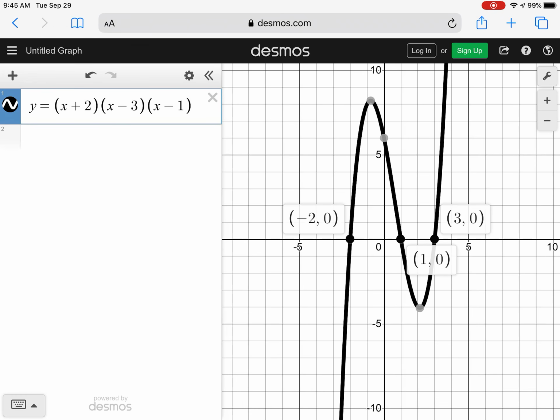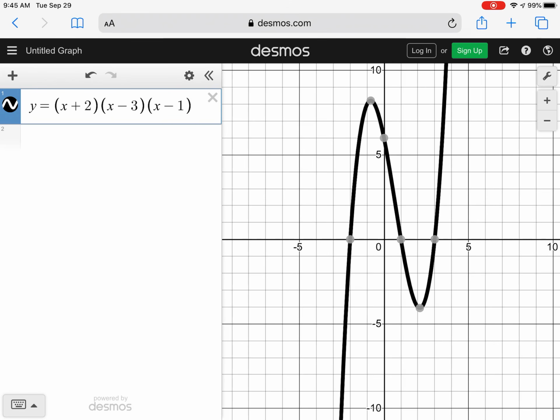So this right here is a degree 3 function. We know it's a degree 3 for various reasons. You know it's degree 3 because we have 3 factors. They're all degree 1. There's no exponents on any of them. So that gives you x to the 3. You could also look at the graph and see either 3 x-intercepts, or you can look at the graph as it moves from left to right, and you can see that it goes up, down, up. So that's 3 degrees.